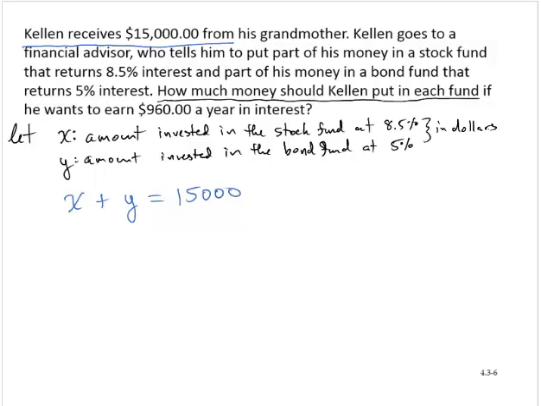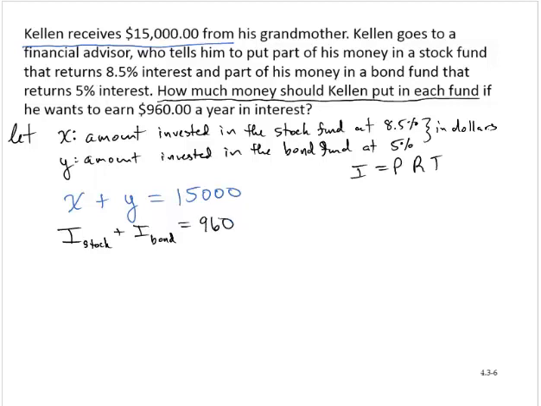Recall, interest is a principal times a rate times a time. But we have two different interests. So here's my second equation. The interest in the stock fund plus the interest in the bond fund, we want those to add up to $960.